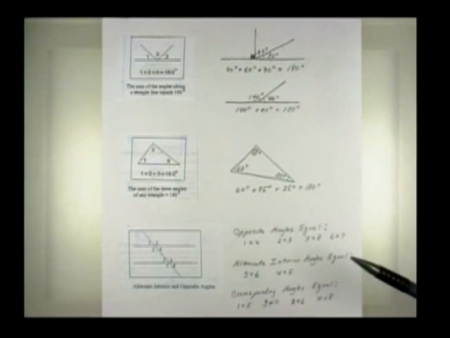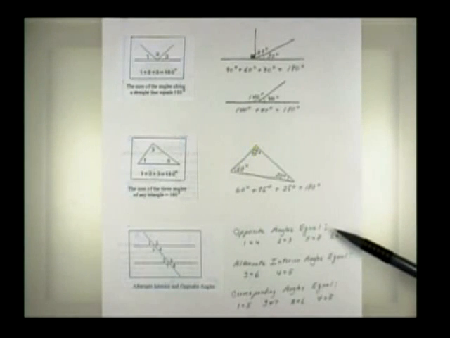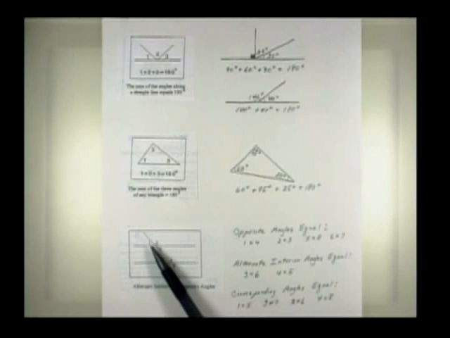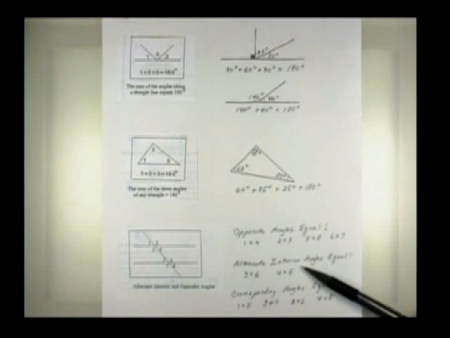Pairs of angles which are equal in measure are written in the box, and they are opposite angles equal. These pairs are angles 1 and 4 being equal, 2 and 3 are opposite, they are equal in measure, 5 is equal to 8, and 6 is equal to 7. Alternate interior angles are equal.